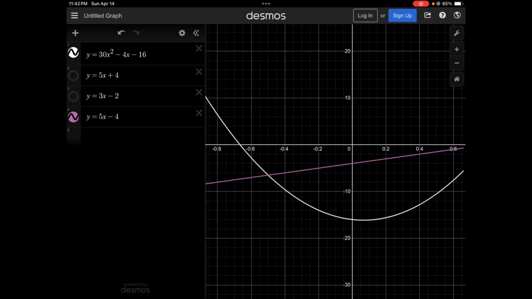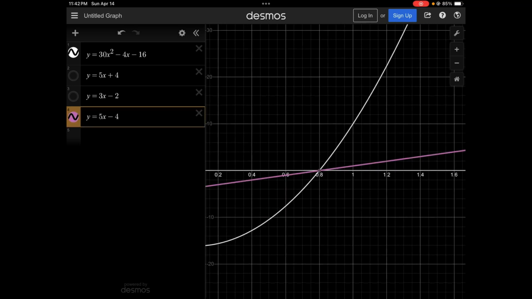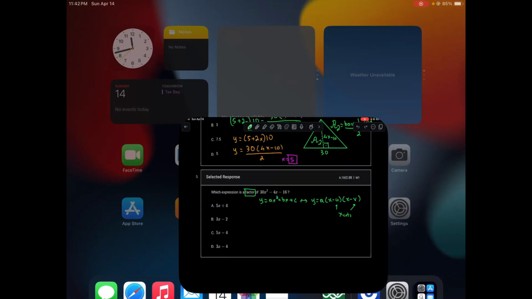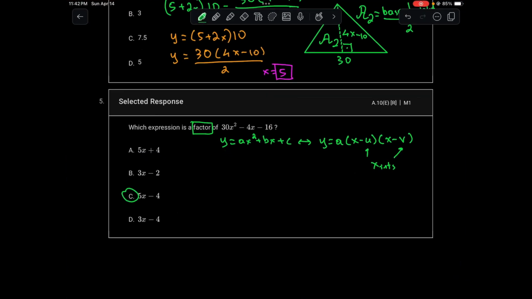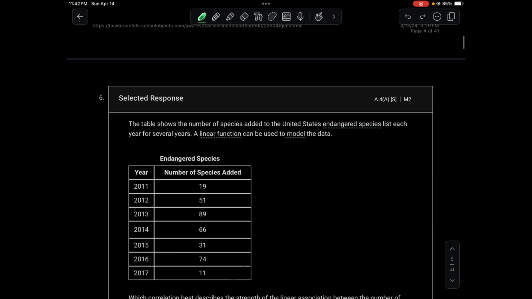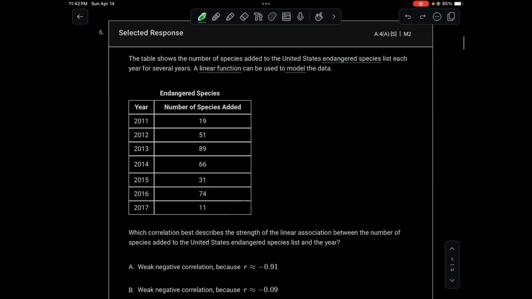That's the one. As I said, its factor is going to be associated to an intercept of the curve, and whichever factor corresponds to a line that crosses at the same intercept as the curve is going to be the correct one, and it's the 5x minus 4. So we go here and we see that this is the correct one. Okay, let's do the next one.